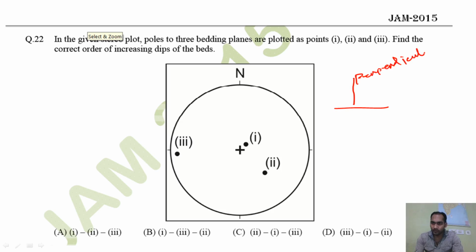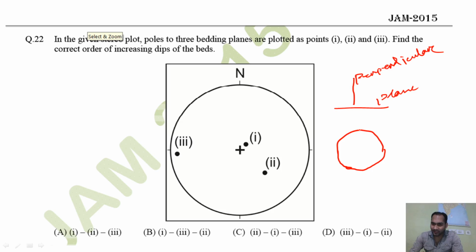So when we plot the plane in the stereo net, sorry for the diagram, it's not a perfect circle, it is approximately a circle.